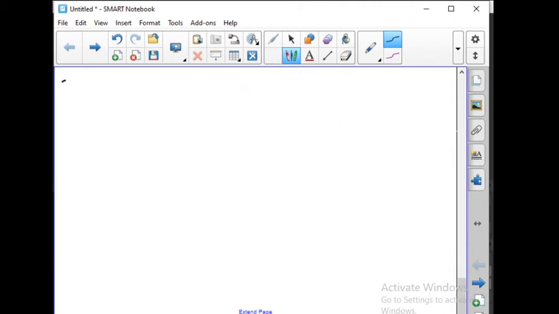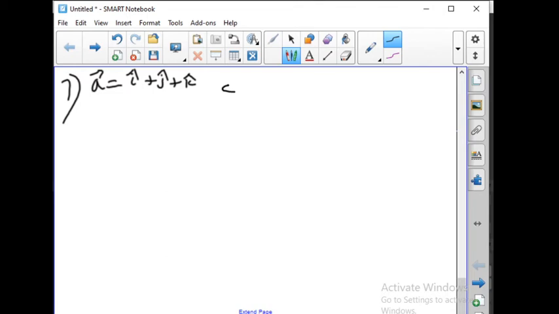Seventh question. So, question number 7. Let A vector be equal to I cap plus J cap plus K cap.